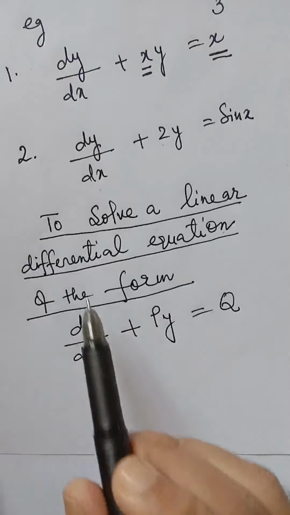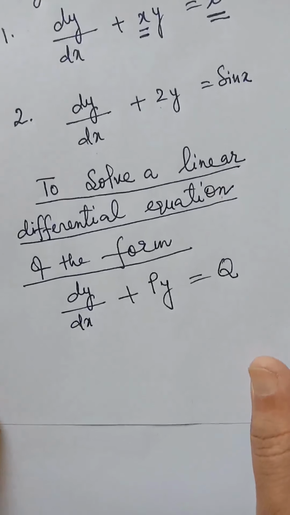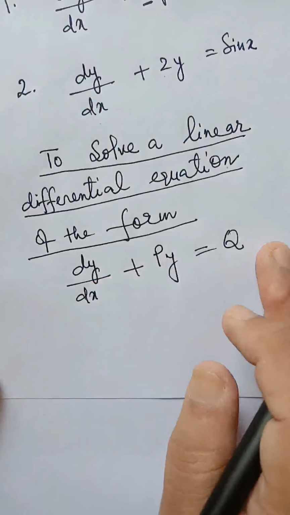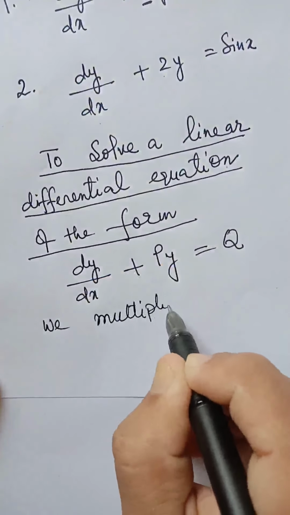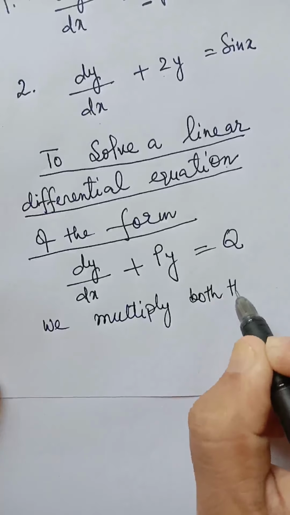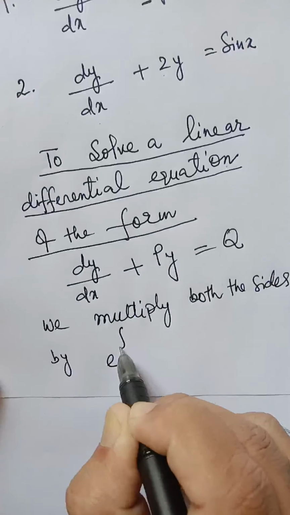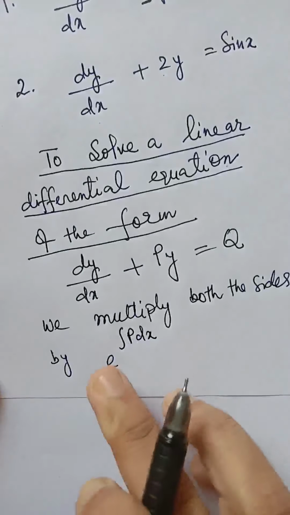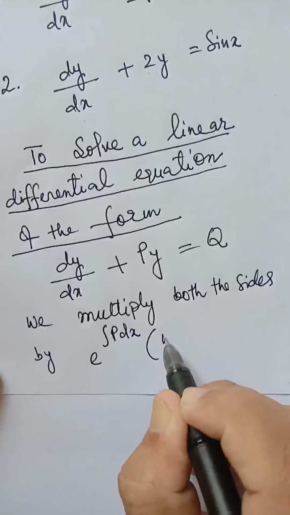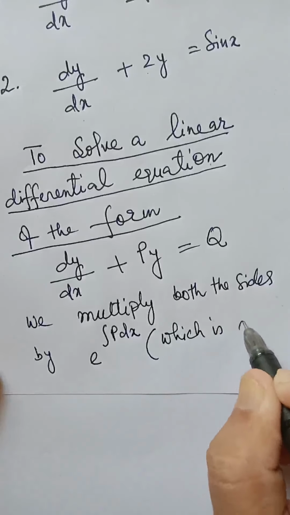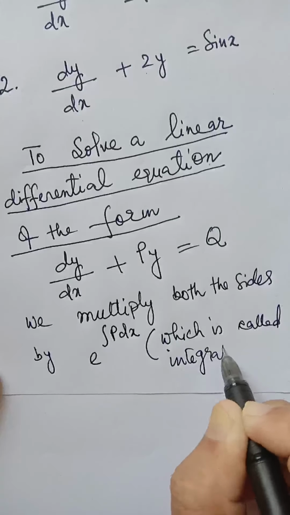Next, to solve a linear differential equation of the form dy by dx plus py equal to q, we multiply both the sides by e to the power integration of p dx, which is called the integrating factor.